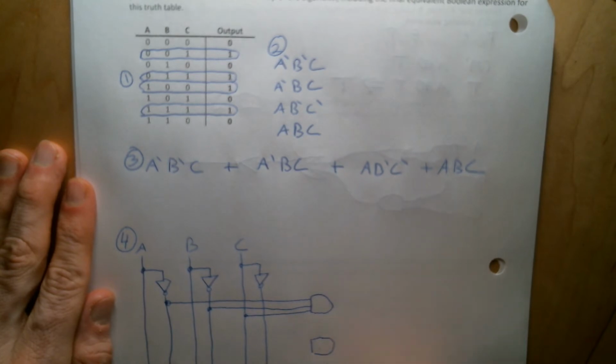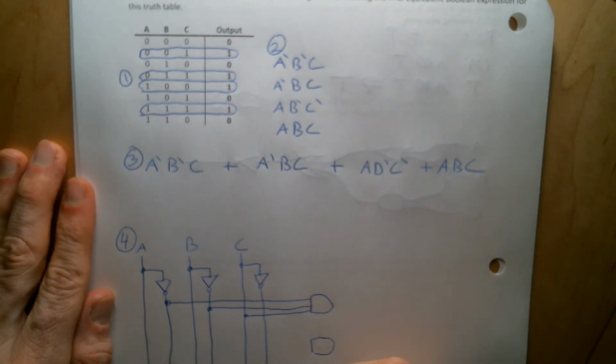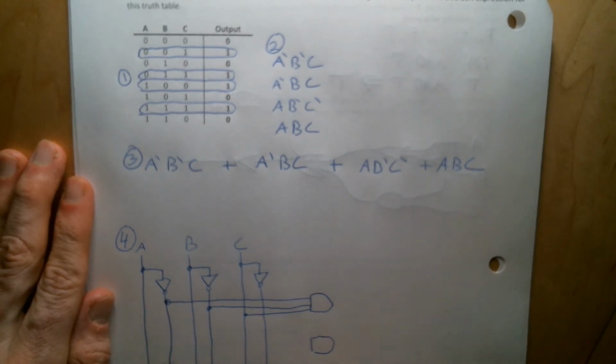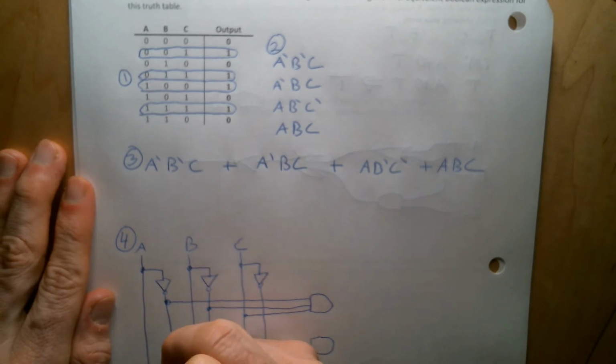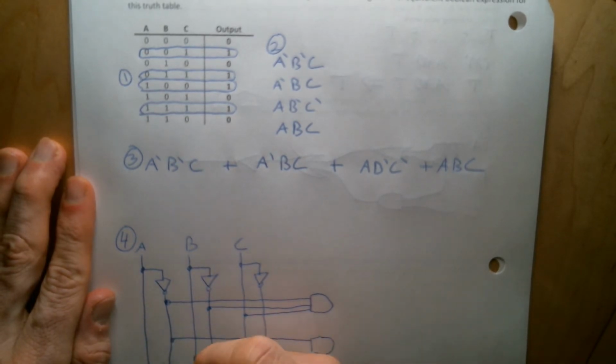So we'll get our 4 AND gates, and we're just going to have each of them take in 3 inputs. So the next one's A naught, B, C. So there's our A naught. There's our B. There's our C.